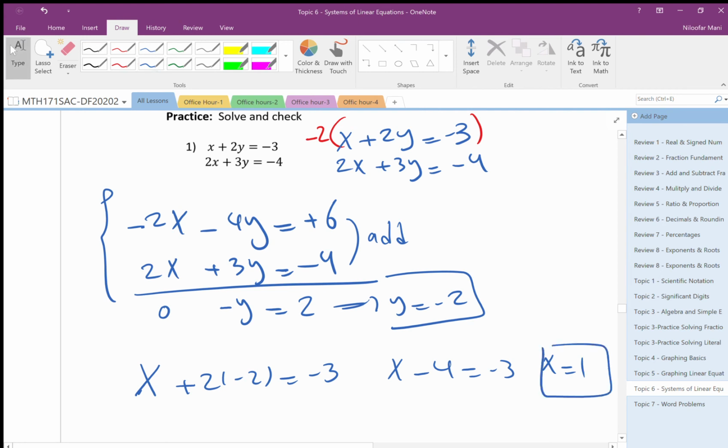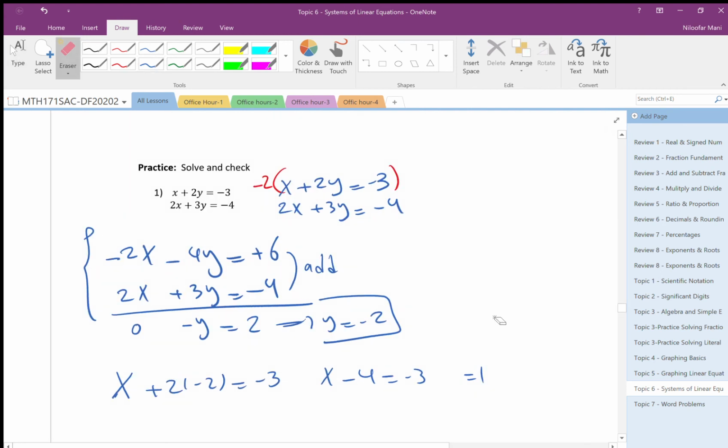Okay, so maybe I can do it step by step. So x is minus 4 plus 3. No, I have to change this. x is 4 minus 3, which is 1. Okay, so the answer is 1 and minus 2.